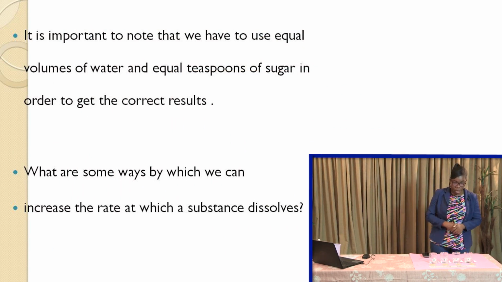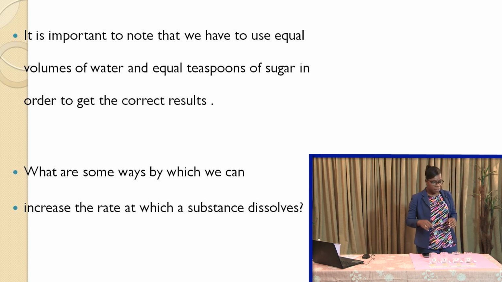Good? All right, so we know that sugar is soluble in water. Sugar is soluble in water. We learned that in the last lesson. So we expect the sugar to dissolve. But we're investigating the rate at which it dissolves.